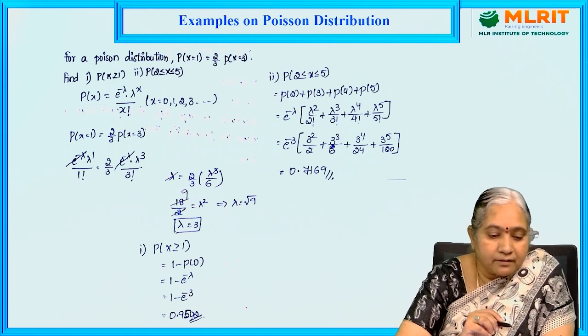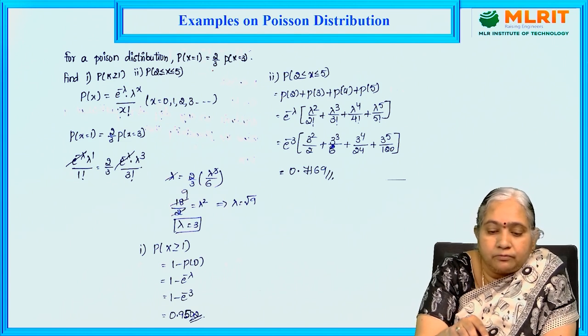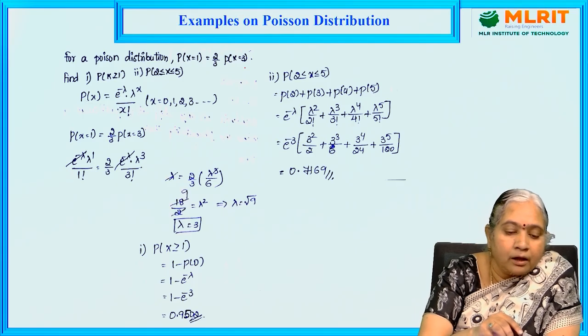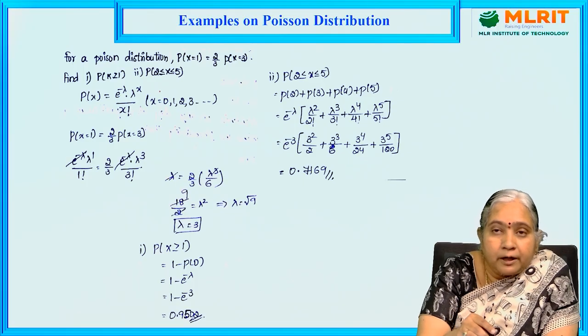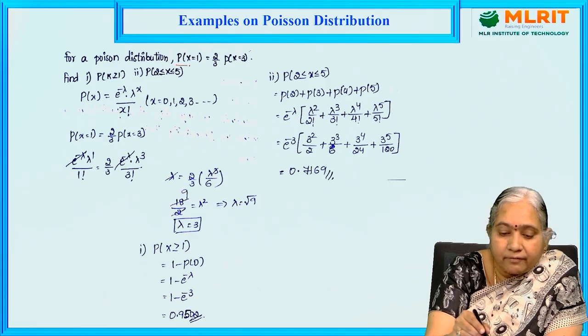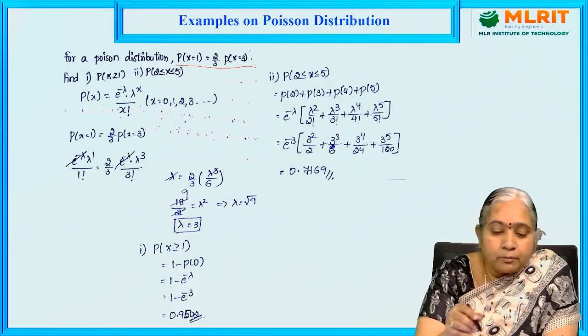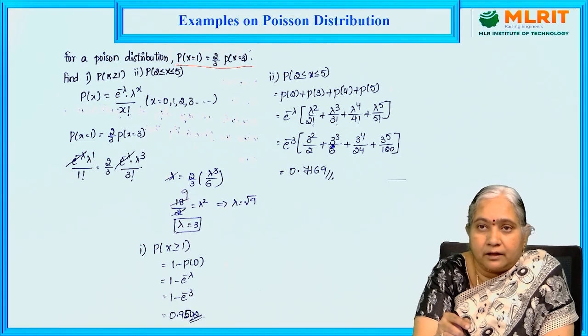See the next example. For a Poisson distribution, probability of x equal to 1 equal to 2 by 3 into probability of x equal to 3. Find probability of x greater than or equal to 1. Probability of x lies between 2 to 5. So here the relation is given. Probability of x equal to 1 equal to 2 by 3 into probability of x equal to 3.